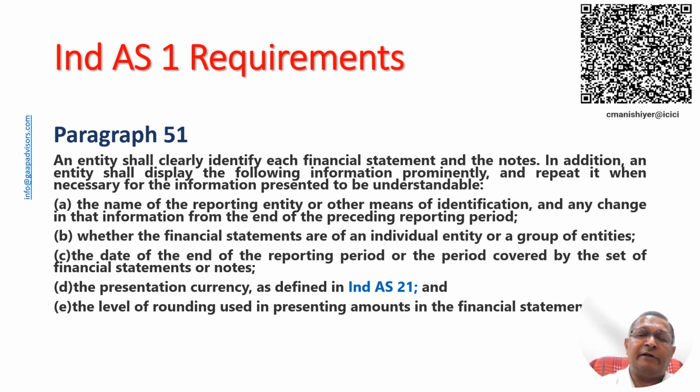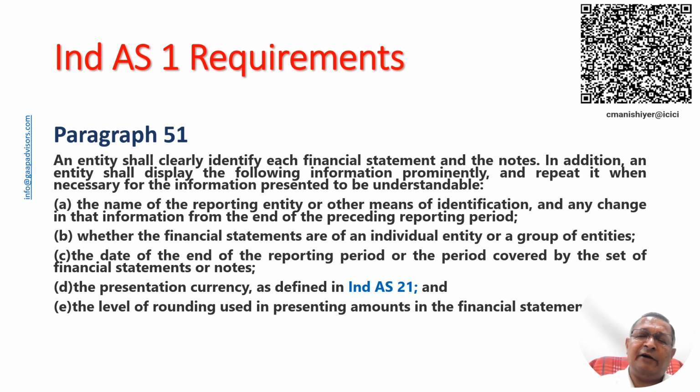It may be noted that paragraph 51 requires repeated disclosure when necessary. Thus, where the statement of compliance with Ind AS is being made, the company or the group should have disclosed whether the financial statements are of an individual entity or a group of entities. Thus, the company has not met the disclosure requirements of paragraph 51 of Ind AS 1.